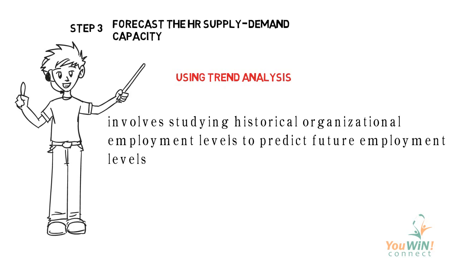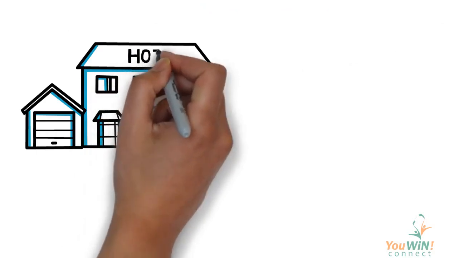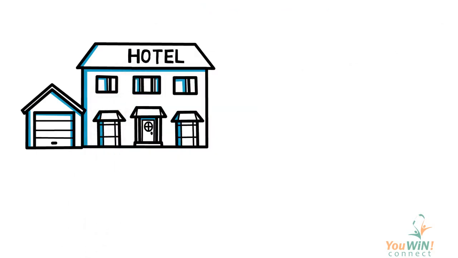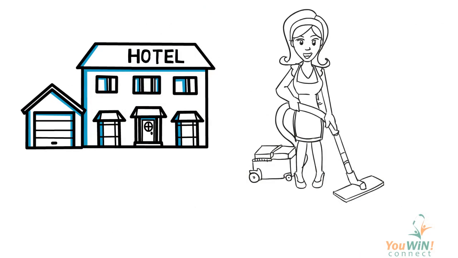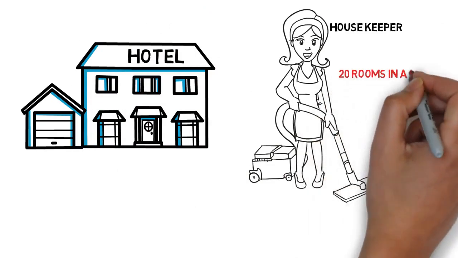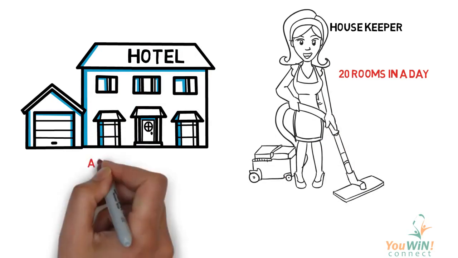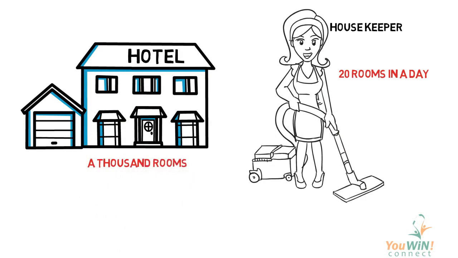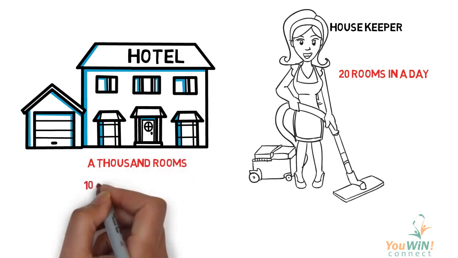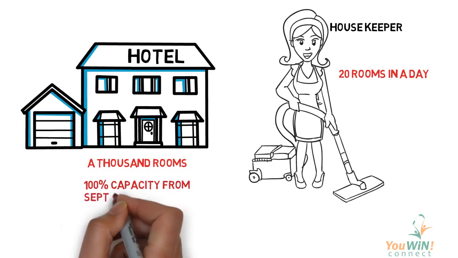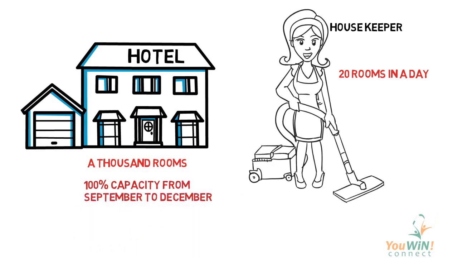So, for example, a hotel can determine that each housekeeper cleans 20 rooms in a day. That's their operational index. The hotel has perhaps 1,000 rooms and is projected to be at 100% capacity from September to December.